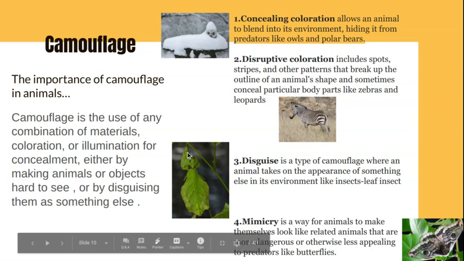An animal's actually on here, but you can't tell because it looks like it's part of the leaf. Okay, so sometimes they go into disguise and act like plants. Mimicry is a way for animals to make themselves look like related animals that are dangerous or otherwise less appealing to predators, like butterflies.